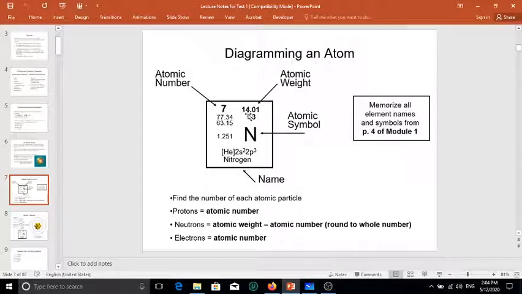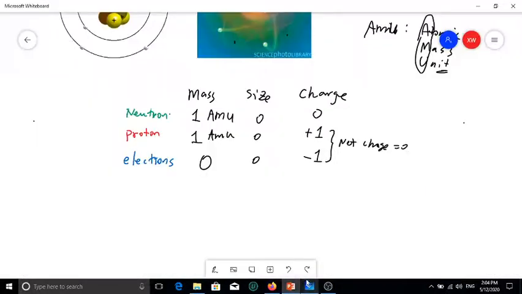Now the question is, how do I know the number of these so-called subatomic particles, neutrons, protons, and electrons? Let's put it this way. There are several numbers we want to learn about any element, and we have to be able to distinguish what they are.